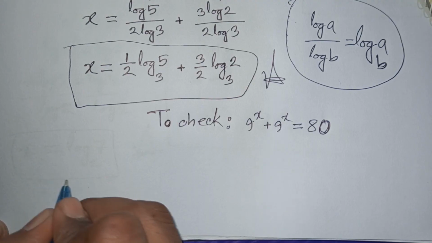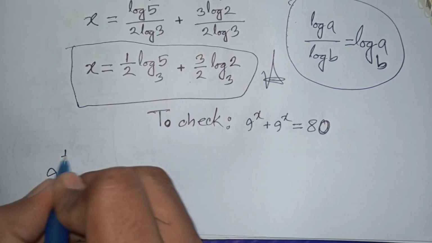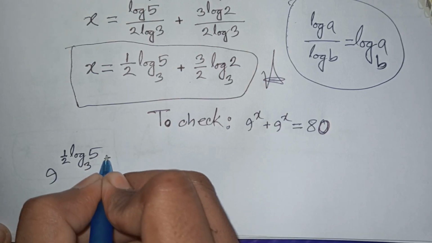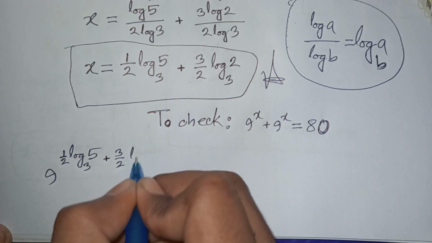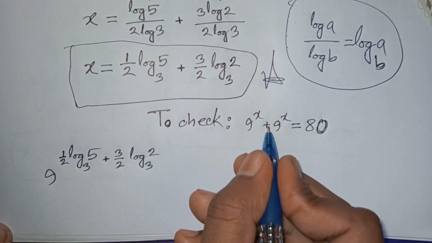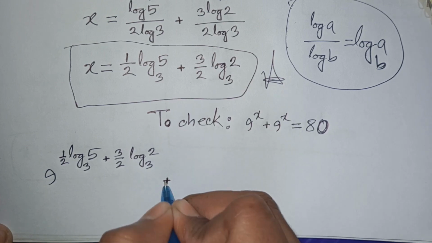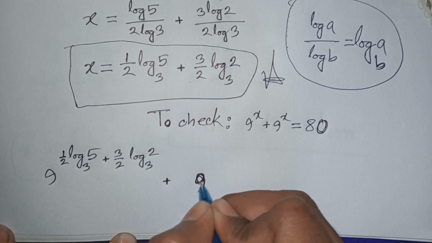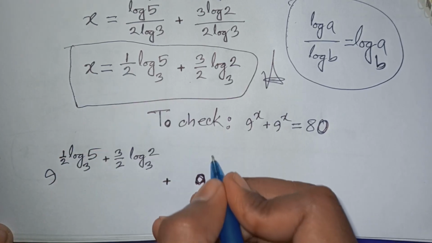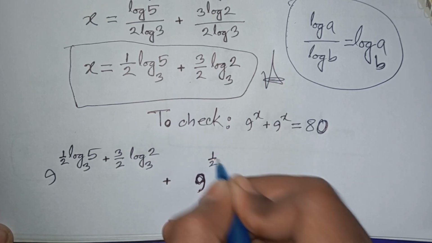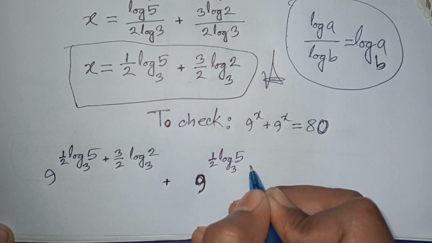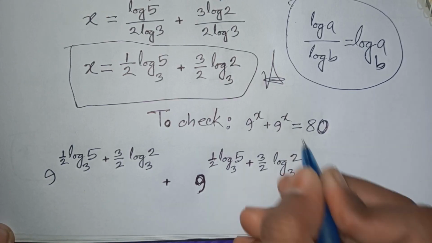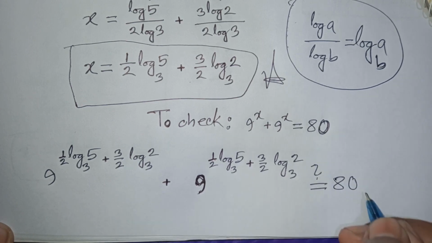Now 9^x, where the value of x is 1 over 2 log 5 base 3 plus 3 over 2 log 2 base 3, then plus 9^x, where the value of x is again 1 over 2 log 5 base 3 plus 3 over 2 log 2 base 3, is it equal to 80?